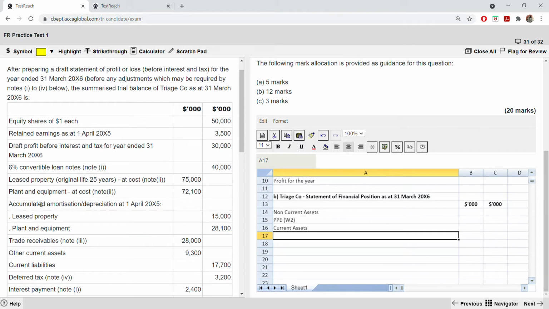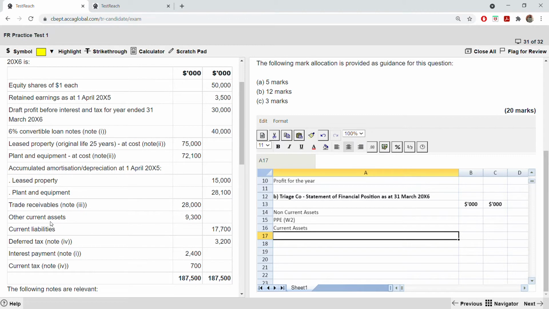So we have trade receivables and other current assets. These are the two things we have under current assets. You can see the trial balance for it. And we have other current assets per trial balance.